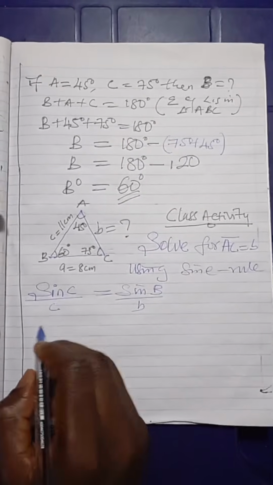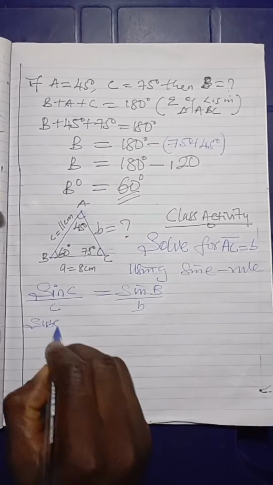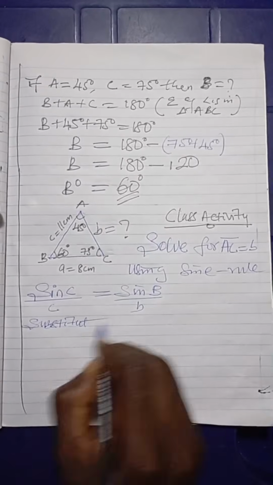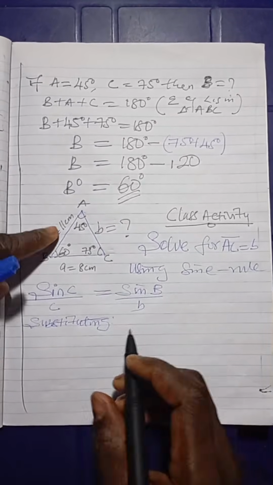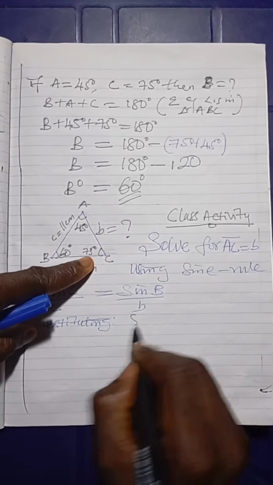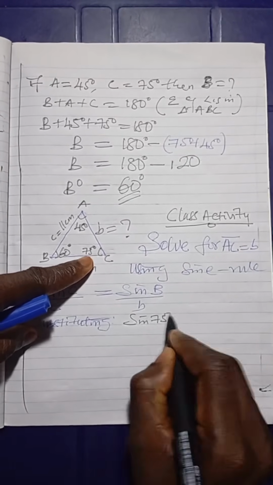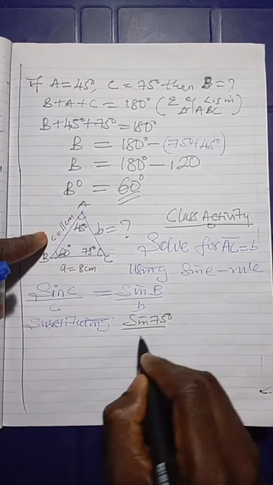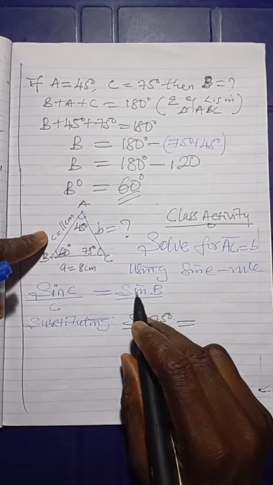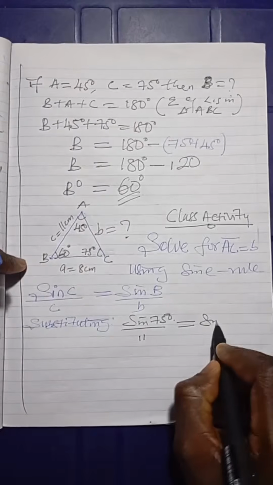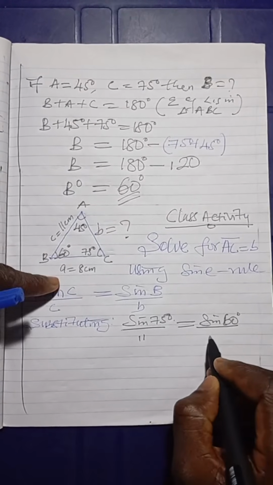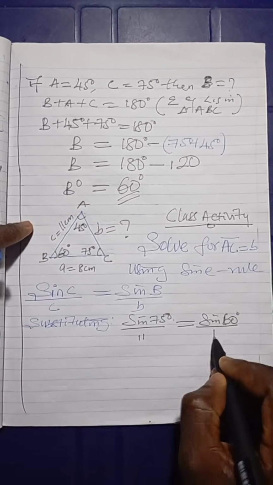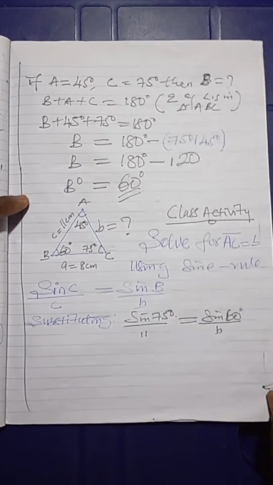Substituting, our c is 75. I'll have sine 75 degrees divided by 11 is equal to sine 60 divided by b, where b is not known.